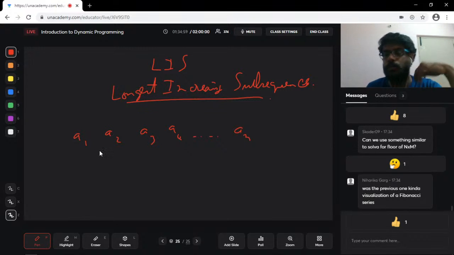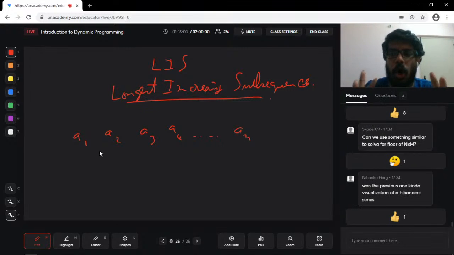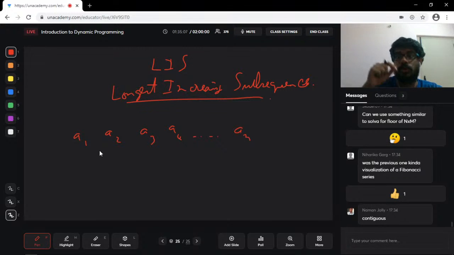So what is the difference between a subset and a subsequence? A subset is kind of like an orderless subset. You don't care about the order so much, but in a subsequence you care about the order as well, right? So in this, A2, A3, A5 is a subsequence.